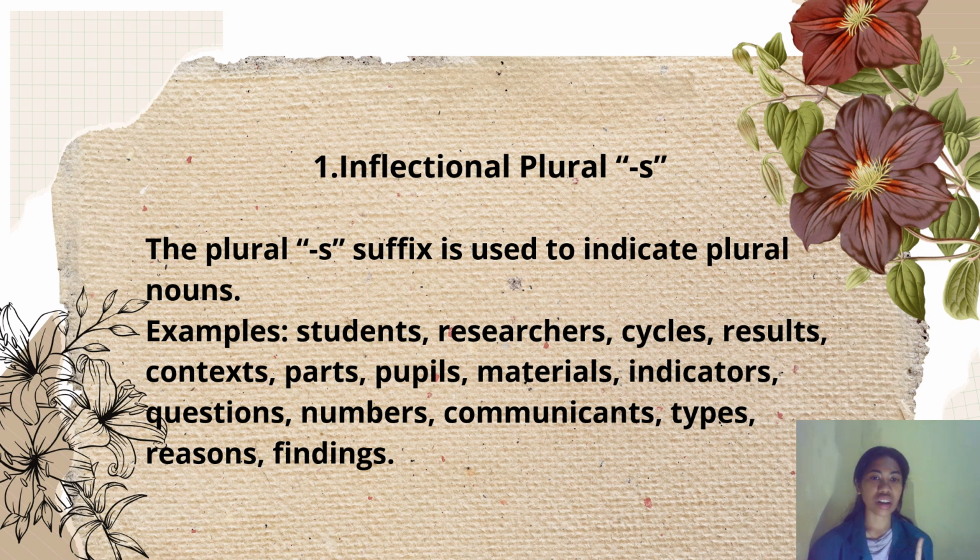It means more than one student. Then the free morpheme research plus the plural s becomes researchers. Then results, contexts, parts, pupils, materials, indicators, questions, numbers, communicants, types, reasons, and findings. These were the words that the students used in their thesis abstracts.